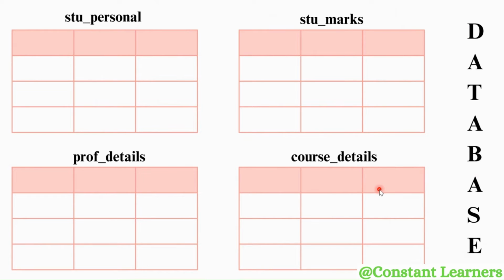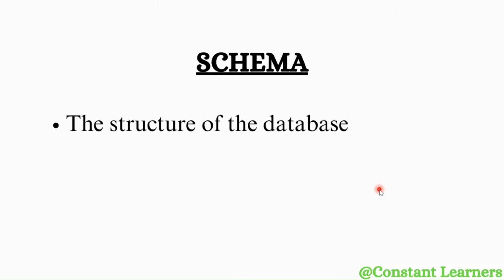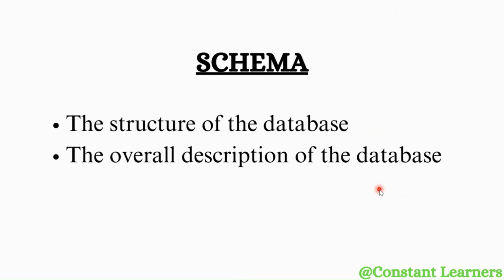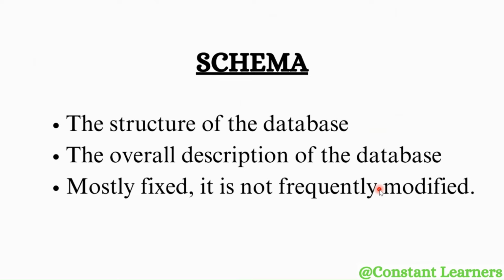All right. Now, this is what schema is. Schema is the entire structure of the database along with the description of the database. So, schema is the structure of the database, it is the overall description of the database, which is mostly fixed.